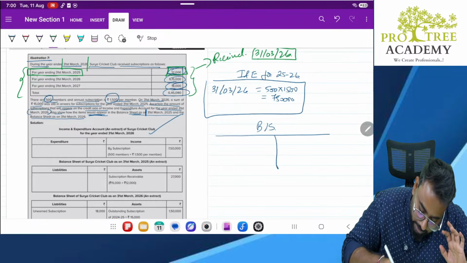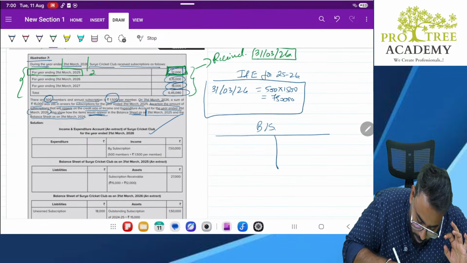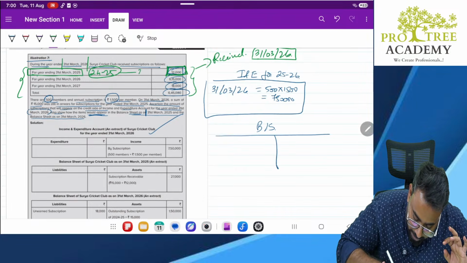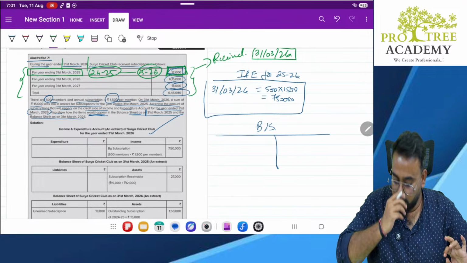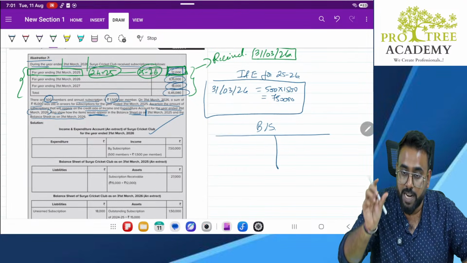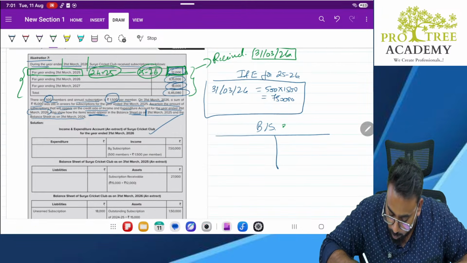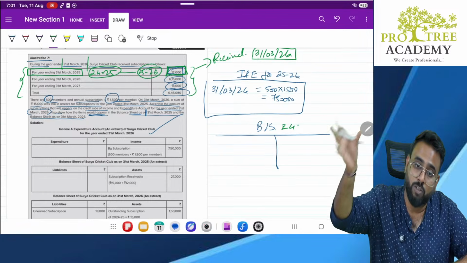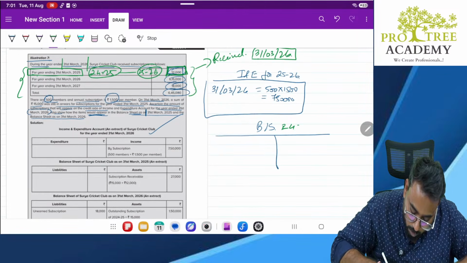This amount belongs to 24-25. But this has been received in 25-26. That means for 24-25, this was outstanding. Correct or no? We are preparing balance sheet for 24-25. Correct? So as on 31st March 2025, this was outstanding.